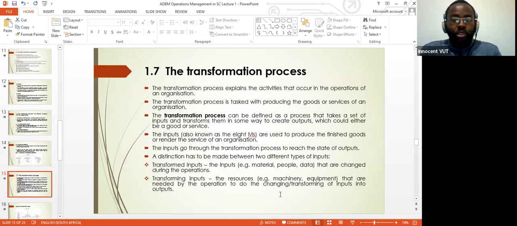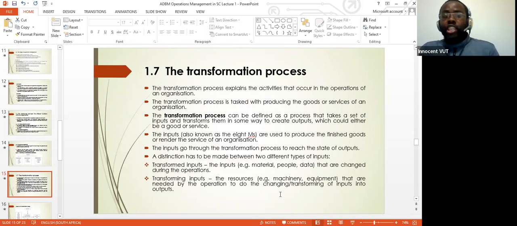It can be defined as a process that takes a set of inputs and transforms them in some way to create outputs, which could either be a good or a service. It takes in inputs, and those inputs are processed, and then we get outputs. These outputs can be a product or a service.